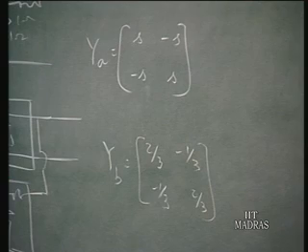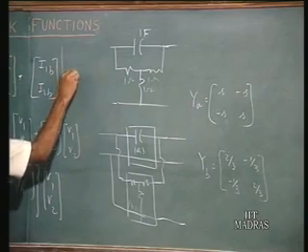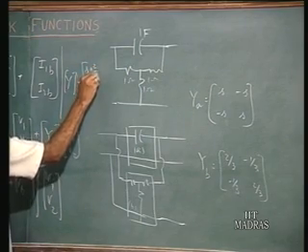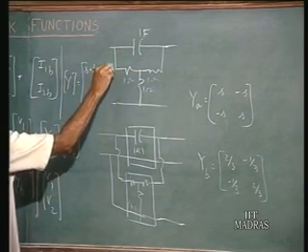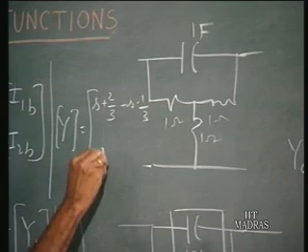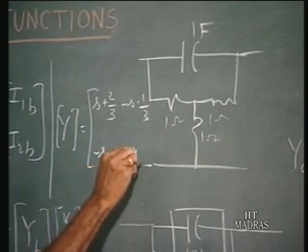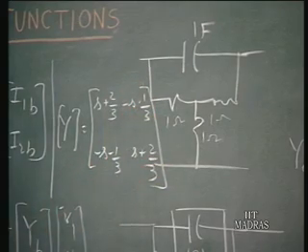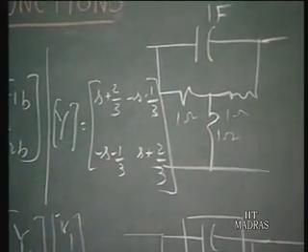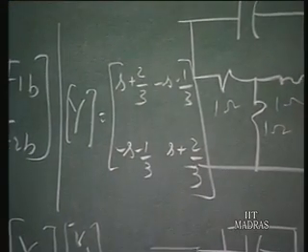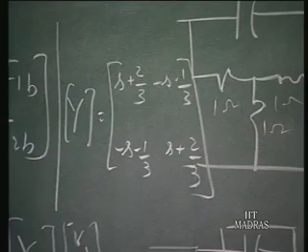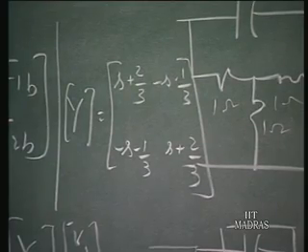The Y matrix will be S plus 2/3, minus S minus 1/3, minus S minus 1/3, and S plus 2/3. This is the result which we have already obtained. So, it turns out that when 2 networks are in parallel, as long as the port conditions are not violated, the Y matrices add.